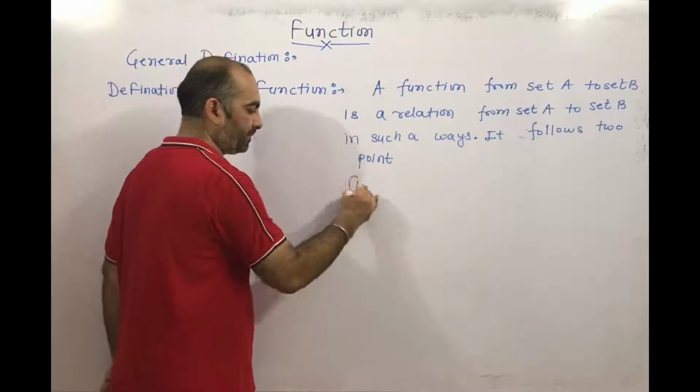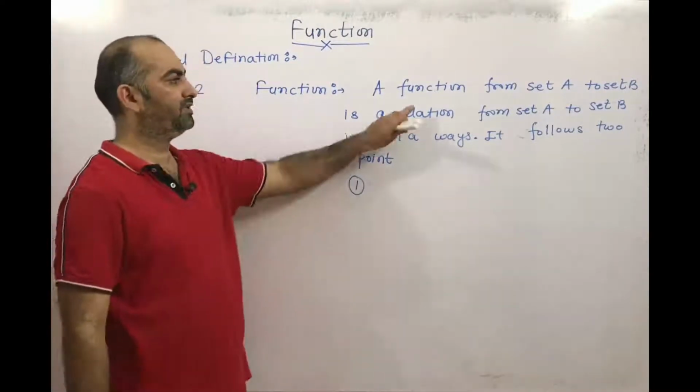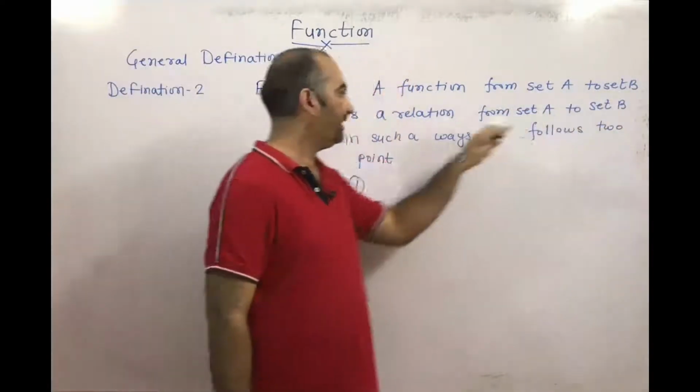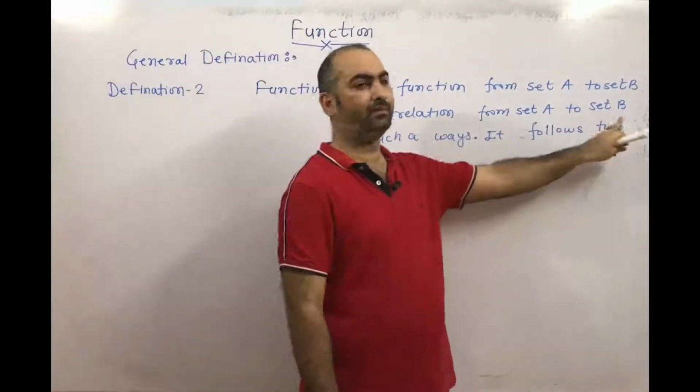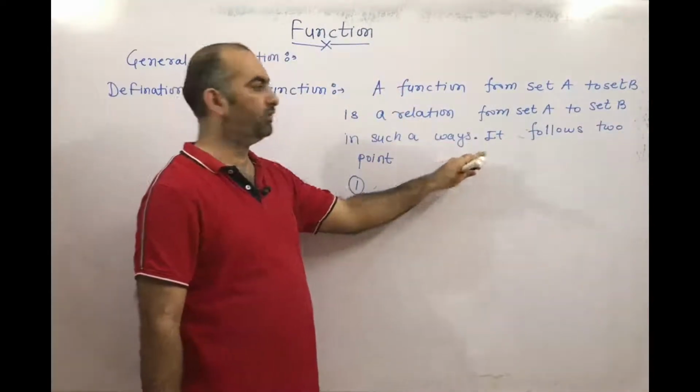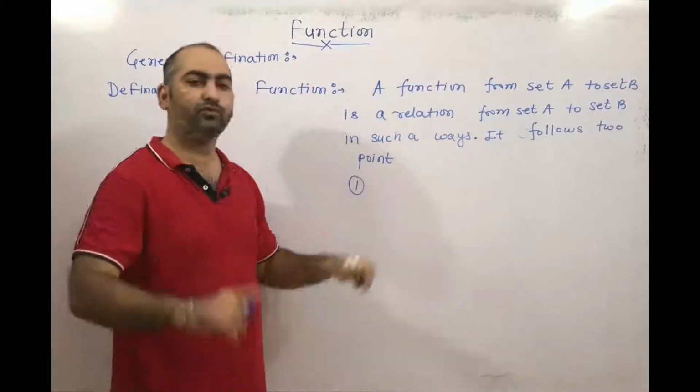A function from set A to set B is a relation from set A to set B in such a way that it follows two points. What are the two points?